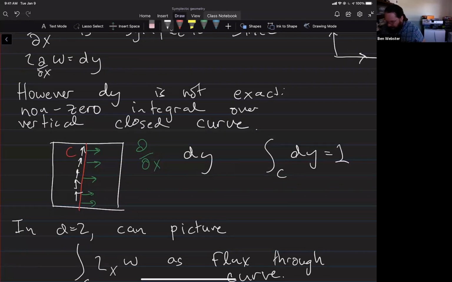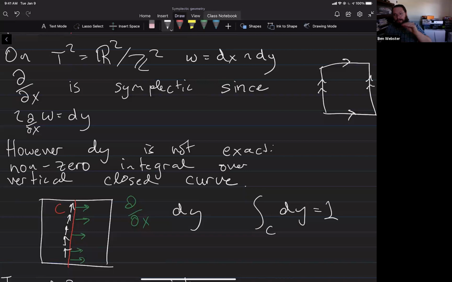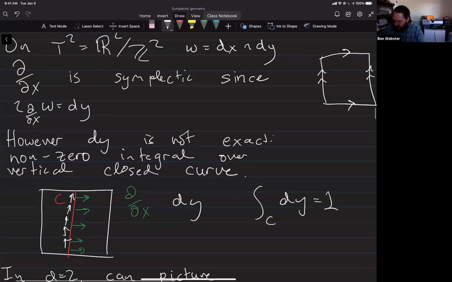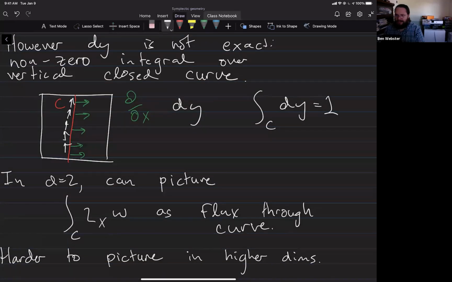All right, cool. By Stokes' theorem, this tells me the corresponding vector field, d/dx, is symplectic, but not Hamiltonian. And I'll just mention in dimension 2, I can actually kind of picture what's going on.